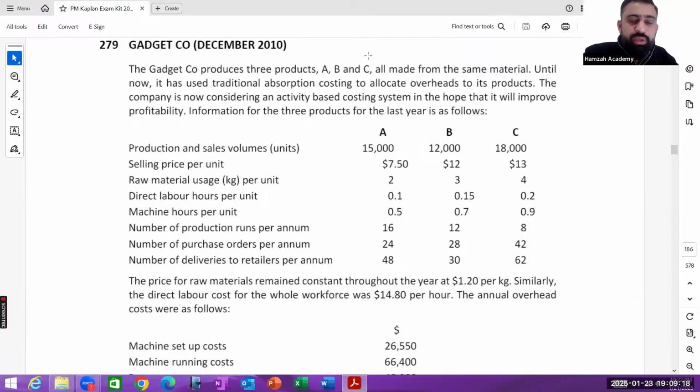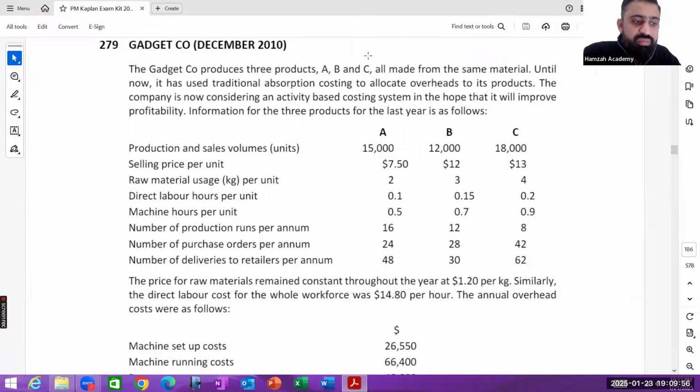Production and sale volume in units of A, B, and C is 15,000, 12,000, and 18,000 respectively. Then selling price per unit, raw material usage in kg per unit, direct labor hours per unit, machine hours per unit, number of production runs per annum, number of purchase orders per annum, and number of deliveries to retailers per annum.